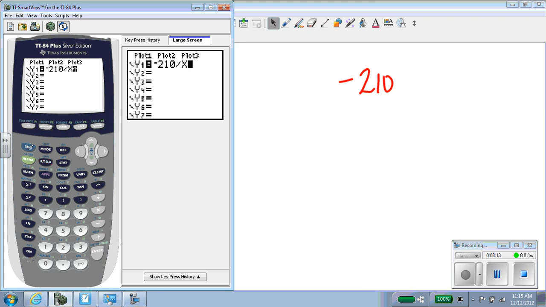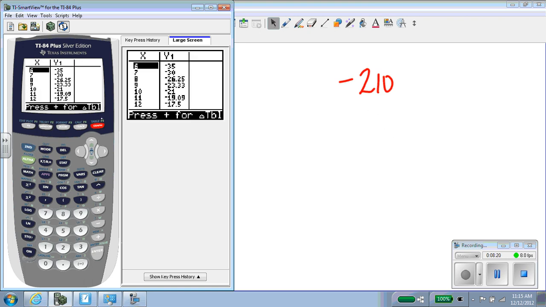So that's the second function of graph. Okay, look, 1 and 210, 2 and negative 105, 3 and negative 70, 4 and a decimal, 5 and negative 42, 6 and negative 35, 7 and negative 30.